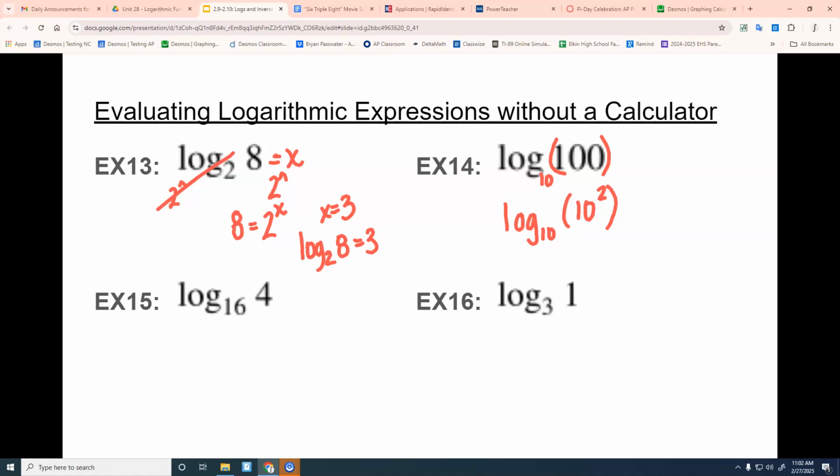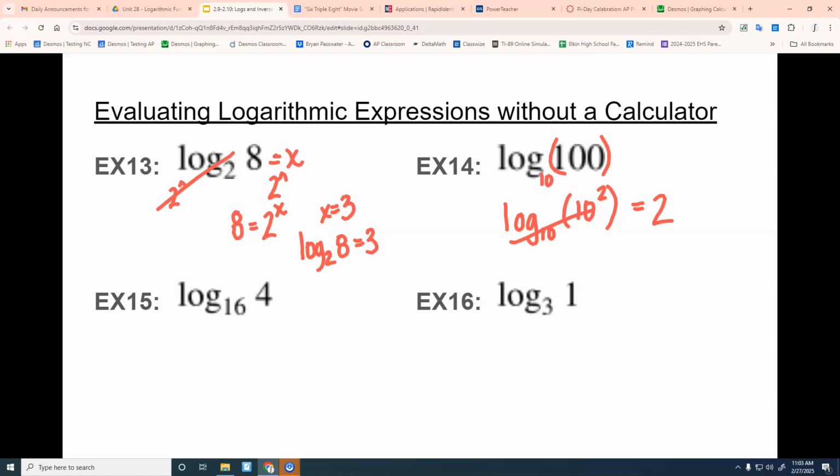So if I write it like this, what happens when I got a log base 10 of 10 to a power? Those cancel each other out, right? Because if I do a log of an exponential with that same base, they cancel each other out. So I just get 2 for that. What I'm worried they might do to you is they might not ask you for the answer to that question.